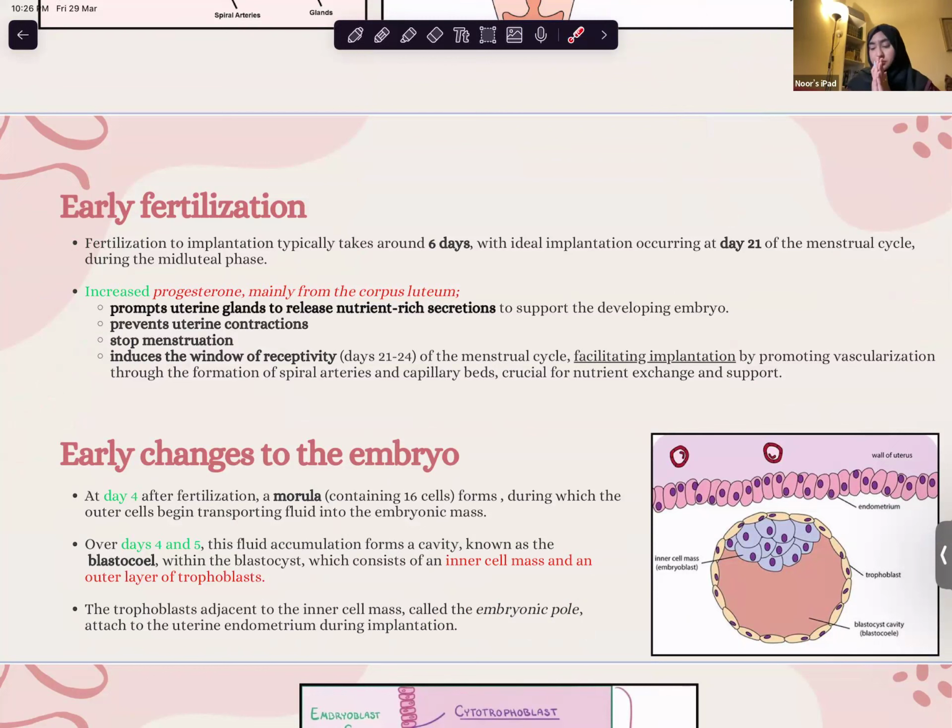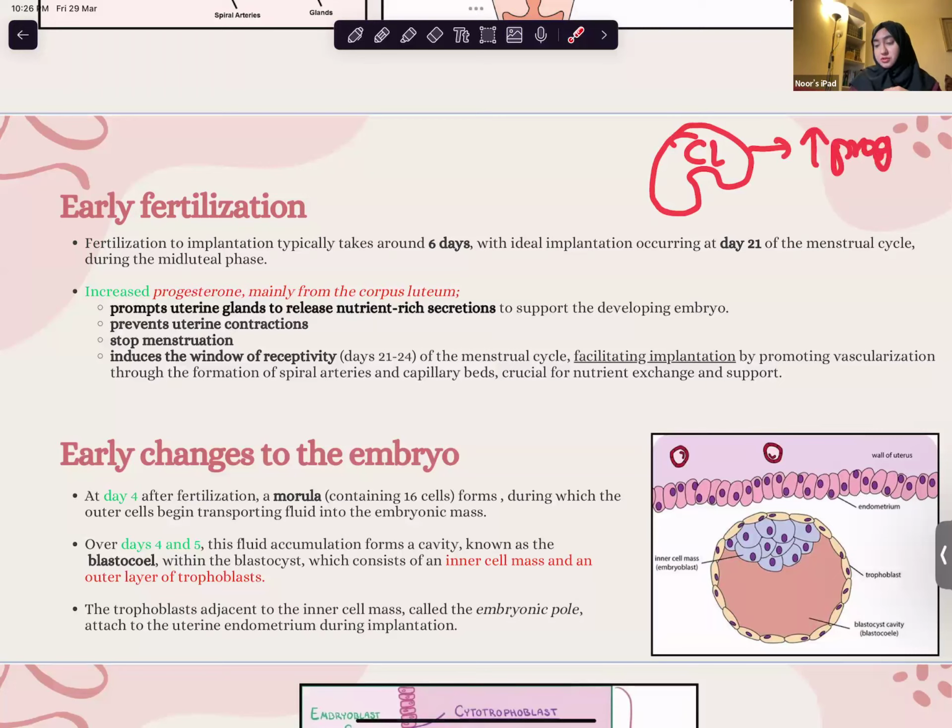That corpus luteum helps in maintaining high levels of progesterone. So in the early days of fertilization, the corpus luteum is responsible for the increase in progesterone.